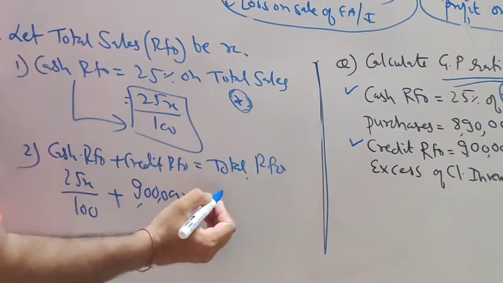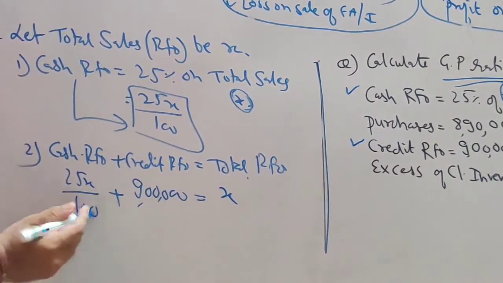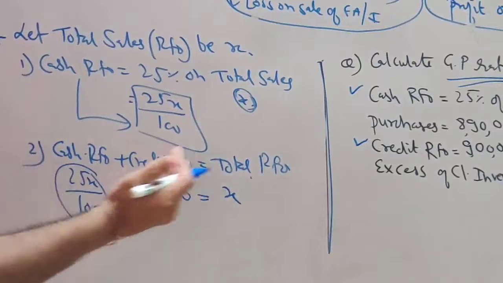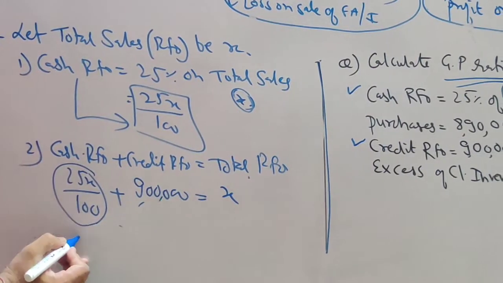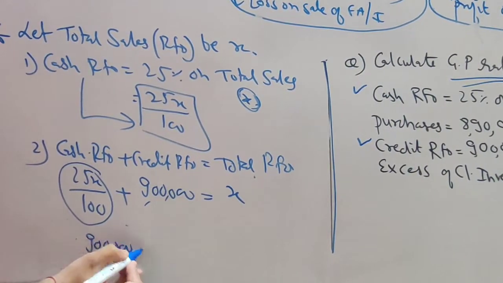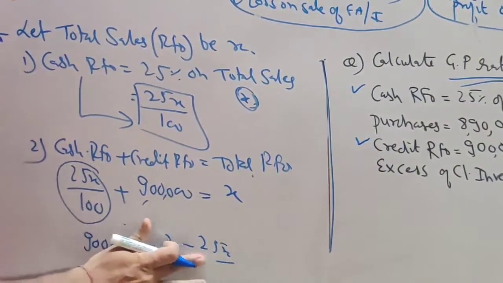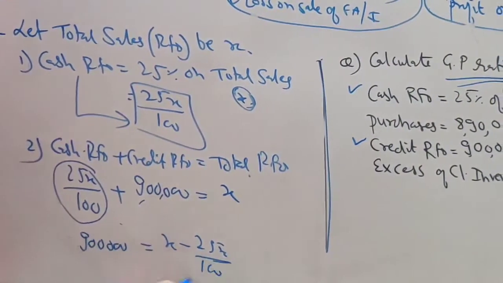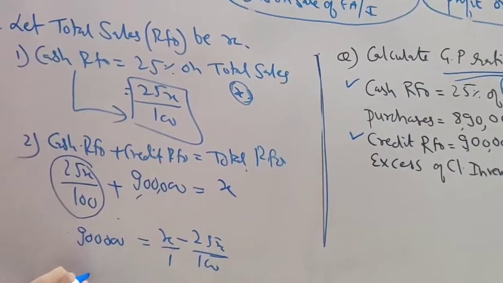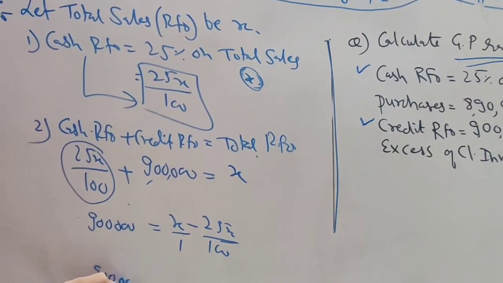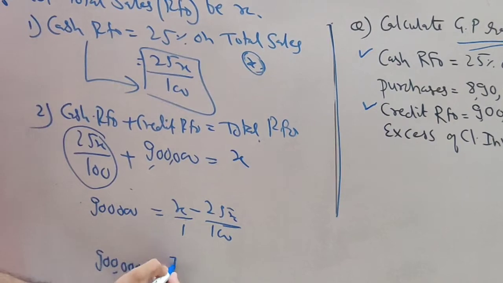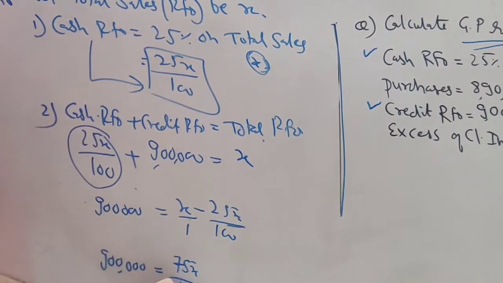You have taken total sales as x. So you have to transfer this on the right hand side. So 9 lakh equal to x minus 25x upon 100. You have to do LCM, students. So after doing LCM, your answer will be 75x upon 100.